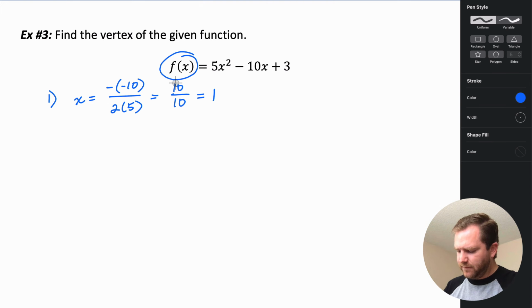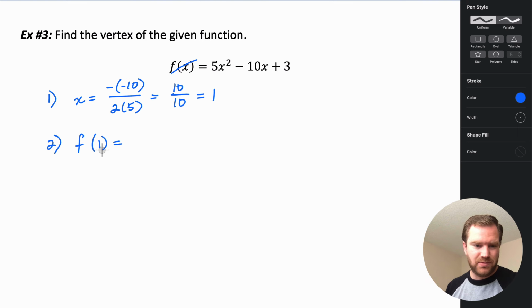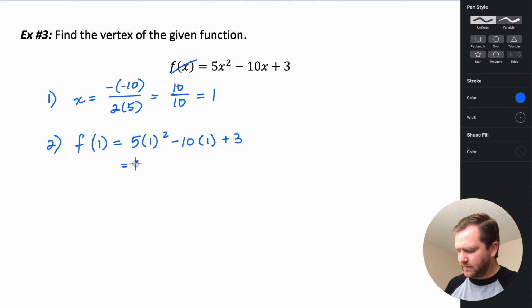Remember, this f of x really is just function notation. It really just means y. So we're trying to find the y coordinate by plugging in 1. What is our function evaluated at 1? This just means f of 1. You're plugging 1 in for x. So 5 times 1 squared minus 10 times 1 plus 3. 1 squared is 1 times 5, that's 5.